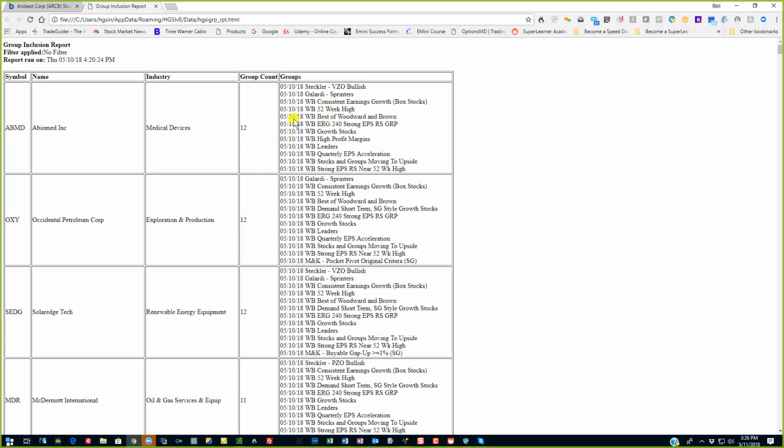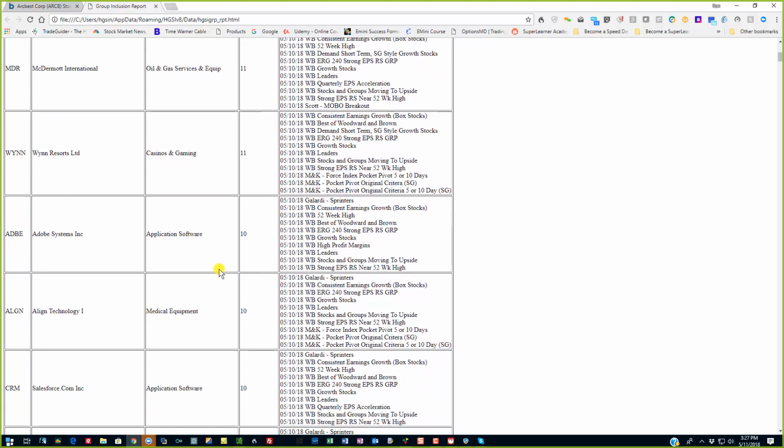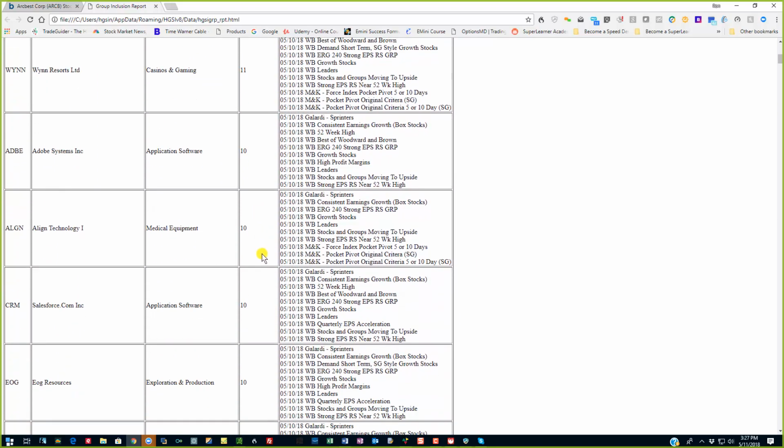ABMD appeared in 12 groups yesterday, and this is medical devices. And we were looking at medical devices. Was I looking at medical devices? I can't remember.